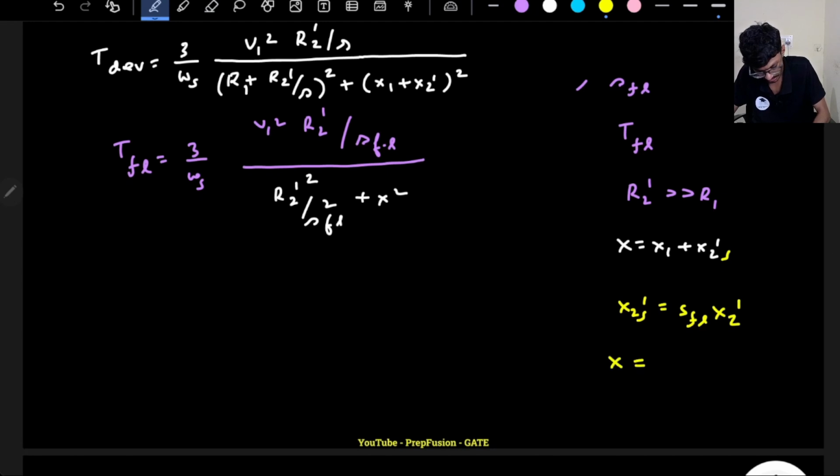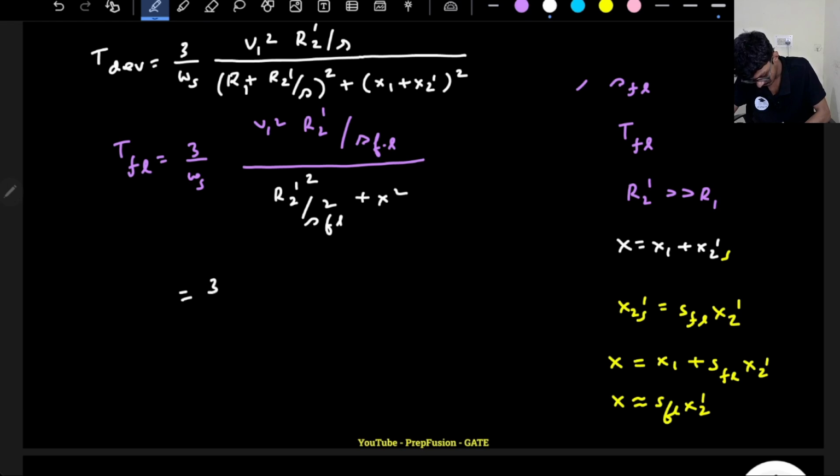So my X is equal to X1 plus SFL into X2 dash, and I can approximately write X is approximately equal to SFL into X2 dash, because the frequency has changed, right? The total frequency is SFL into f. Okay, so this is one more approximation that I forgot to do at that point of time.